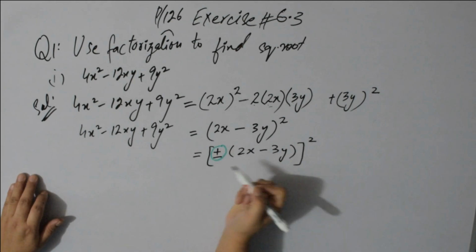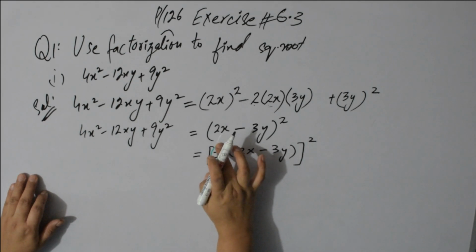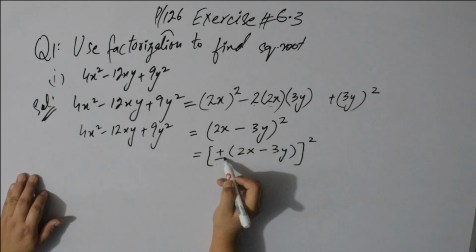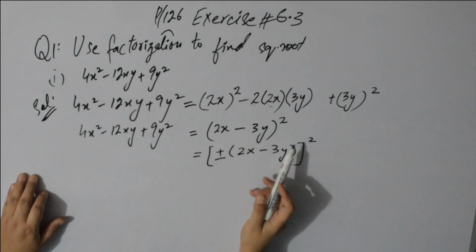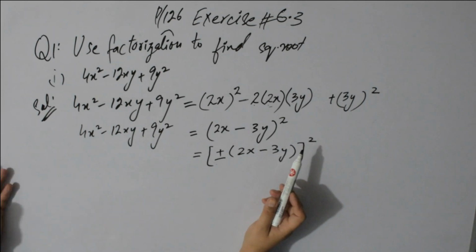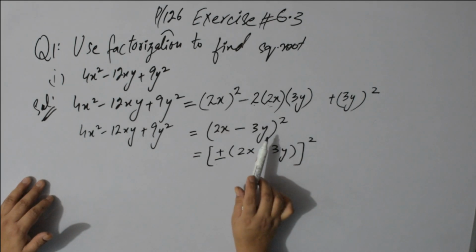Why within square? Because if I open this square, plus square obviously is plus and negative square again becomes plus. There is no change in this factor, right?